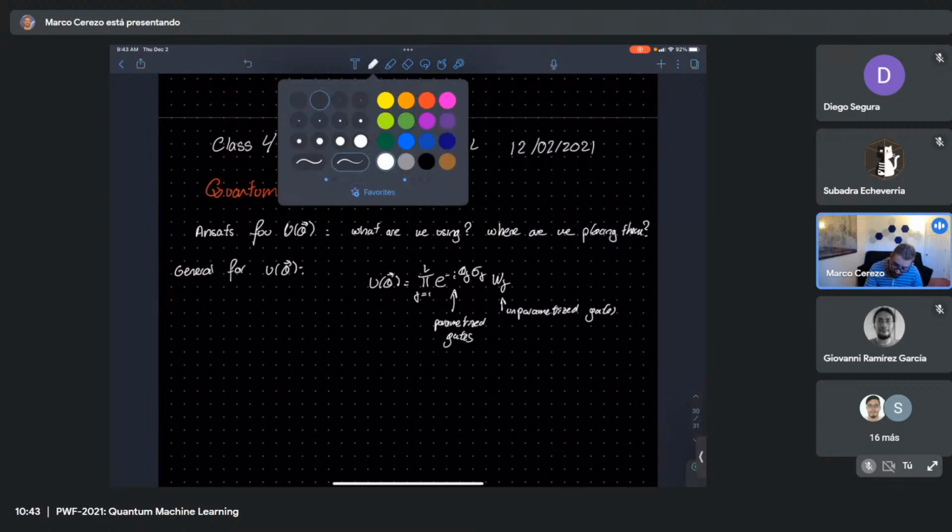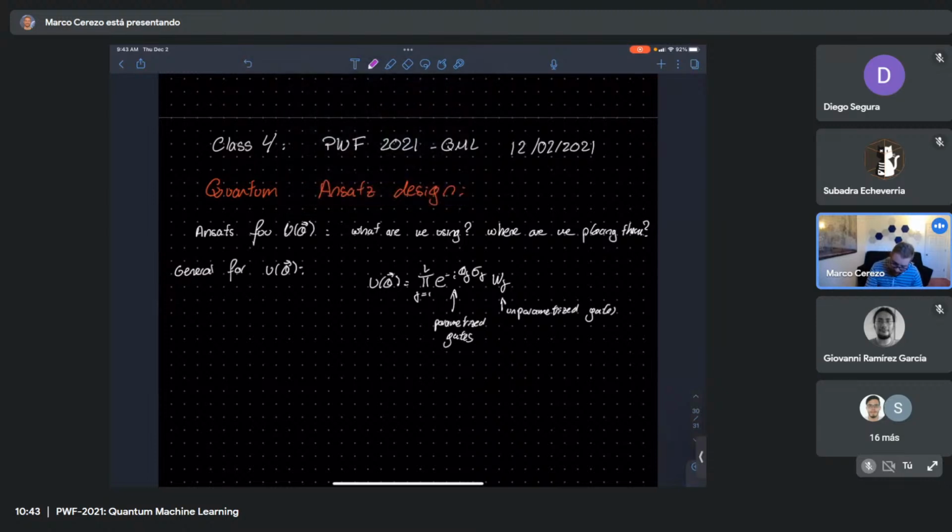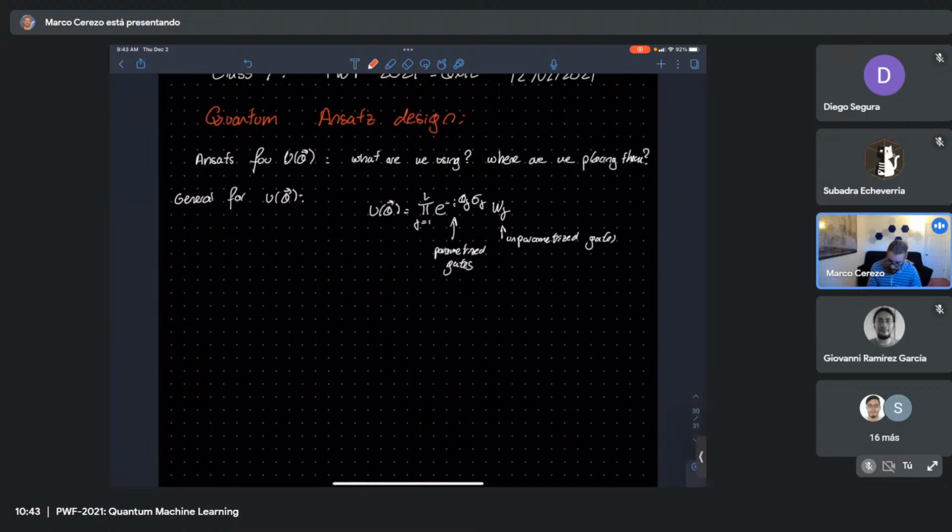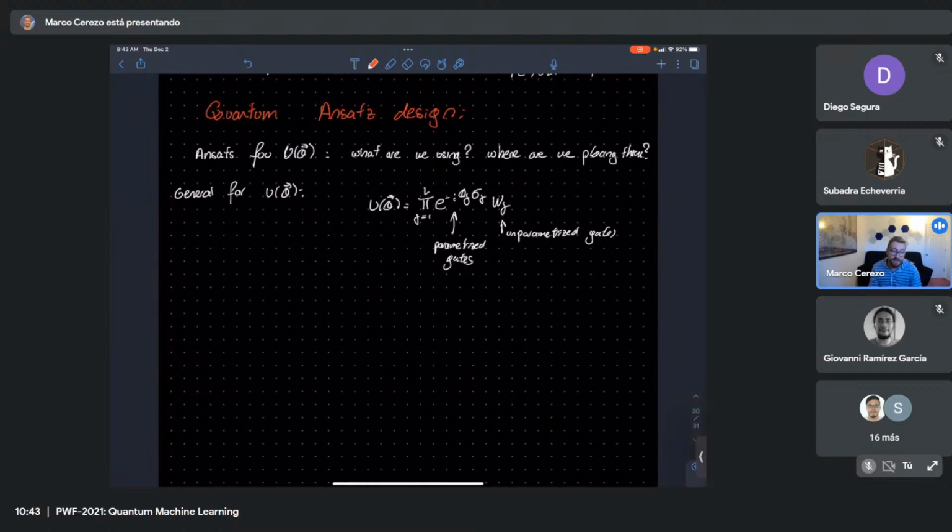So at this point, let me introduce a little bit of terminology. More specifically, there are two main types of ansatz that people work with. The first is what we call a problem inspired ansatz. Right?